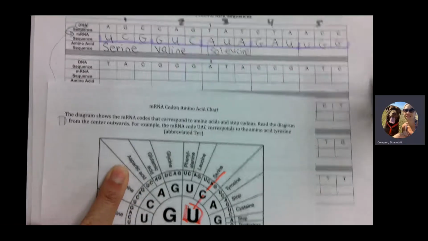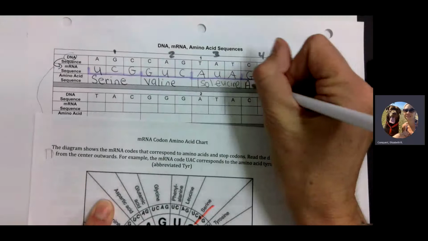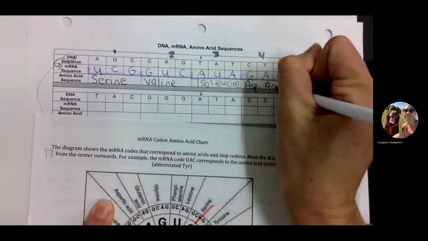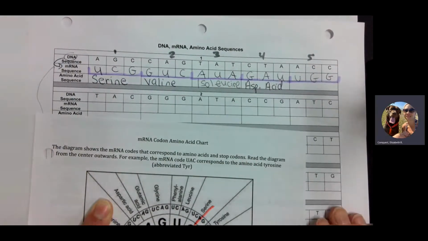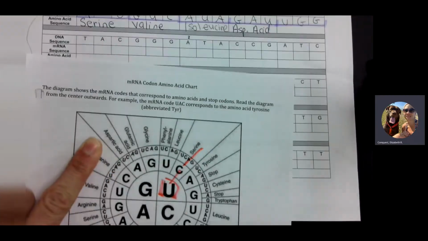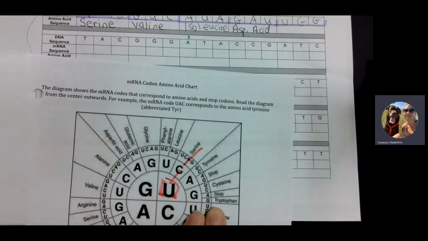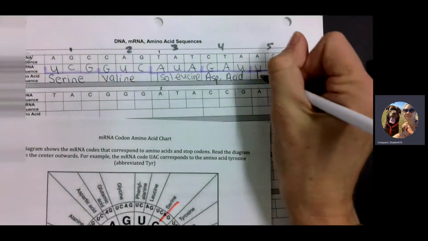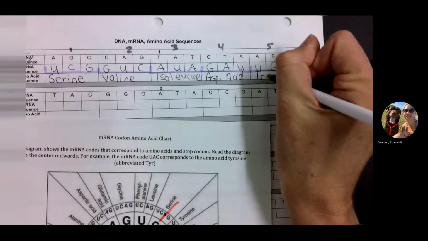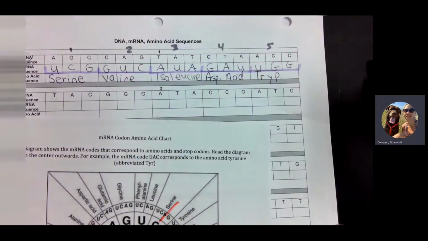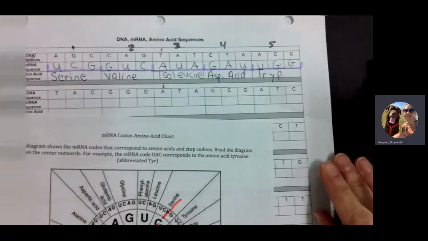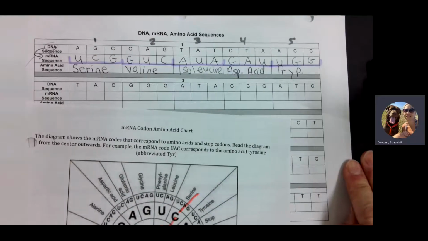GAU, looks like this one is aspartic acid. I'm going to abbreviate. And the last one, UGG. So I have UGG. So this one is tryptophan. So I'm going to abbreviate this one as well and just write TRYP. So if you got those, then you are on the right track.